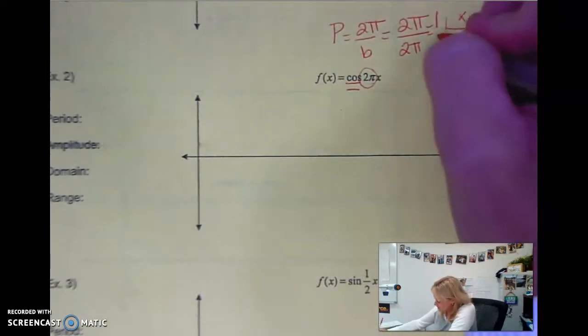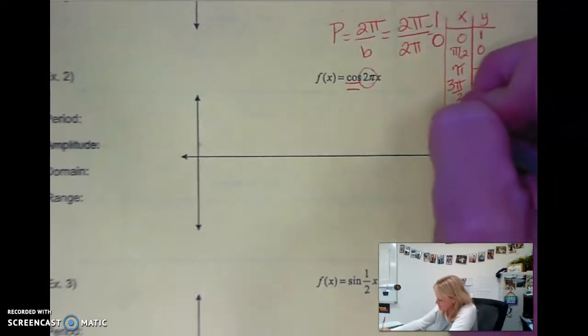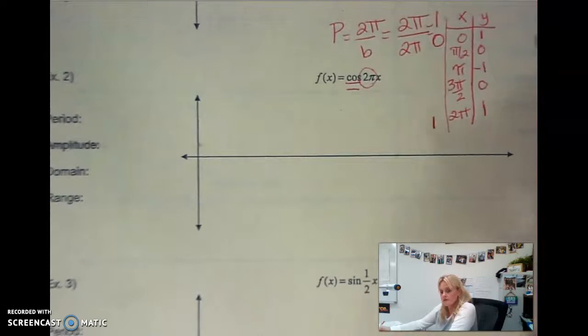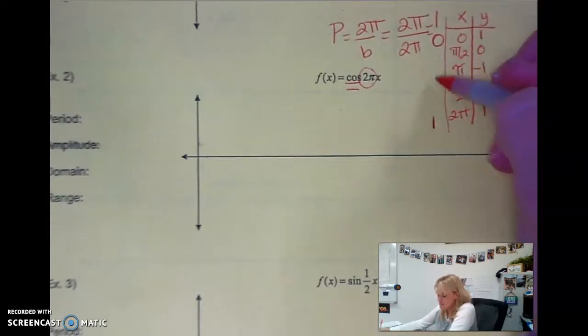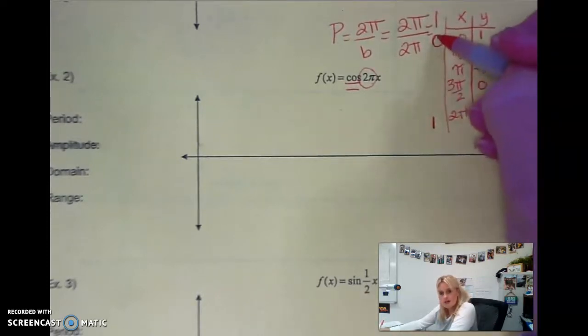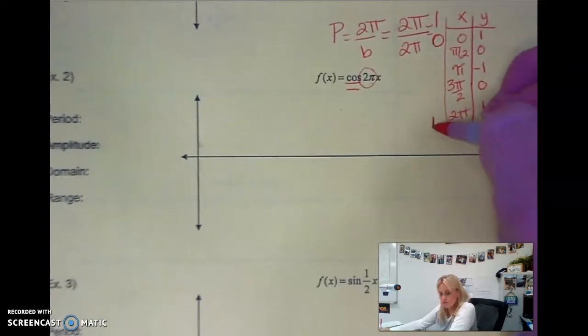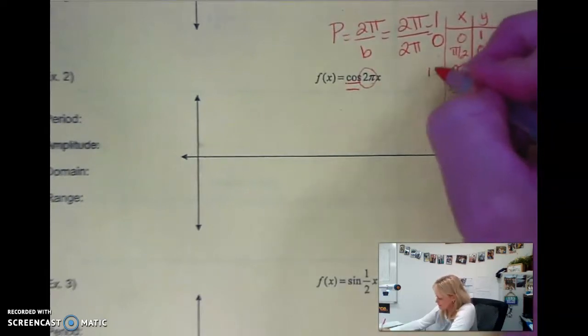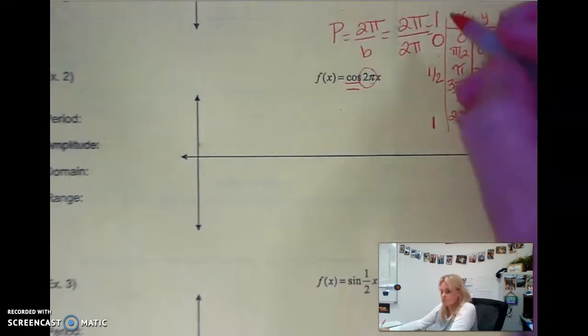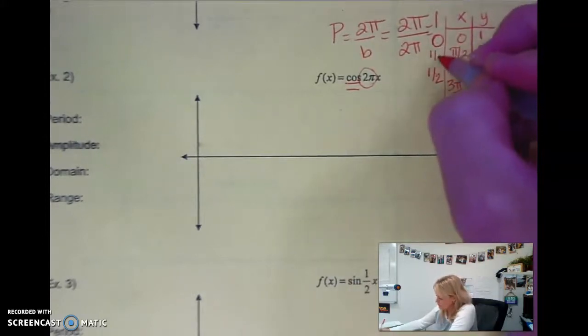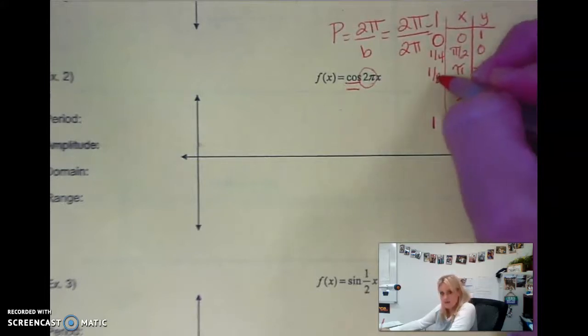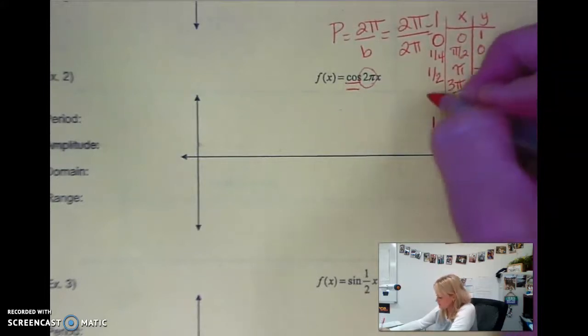So I'm starting at 0 and I'm ending at 1. So how do I figure out all these other pieces? Well, what's halfway between 0 and 1? 1/2. And what's halfway between 0 and 1/2? 1/4. What's halfway between 1/2 and 1? 3/4.